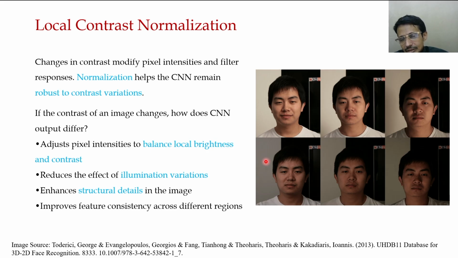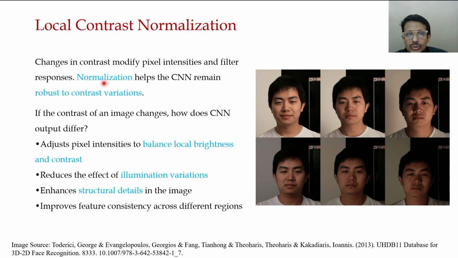The challenge for a CNN in this situation is: can our convolutional neural network model recognize this face in a different lighting situation at the same accuracy as this image where the proper lighting is? This kind of situation is handled by local contrast normalization.